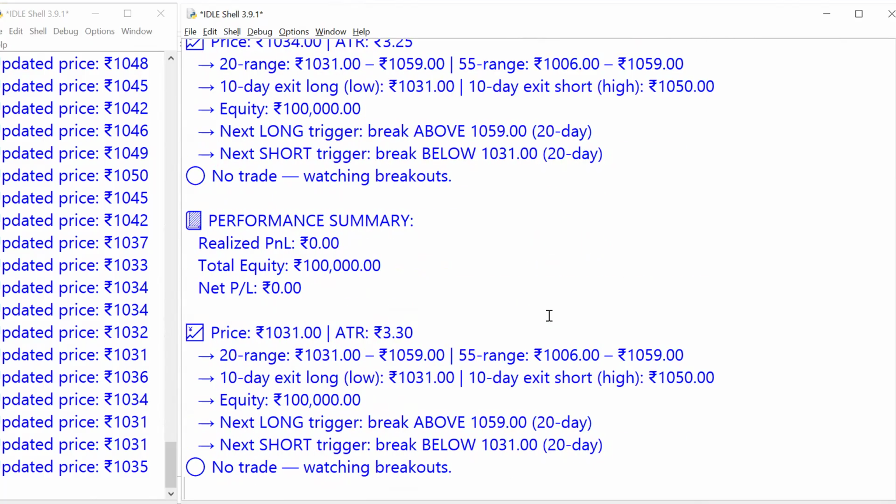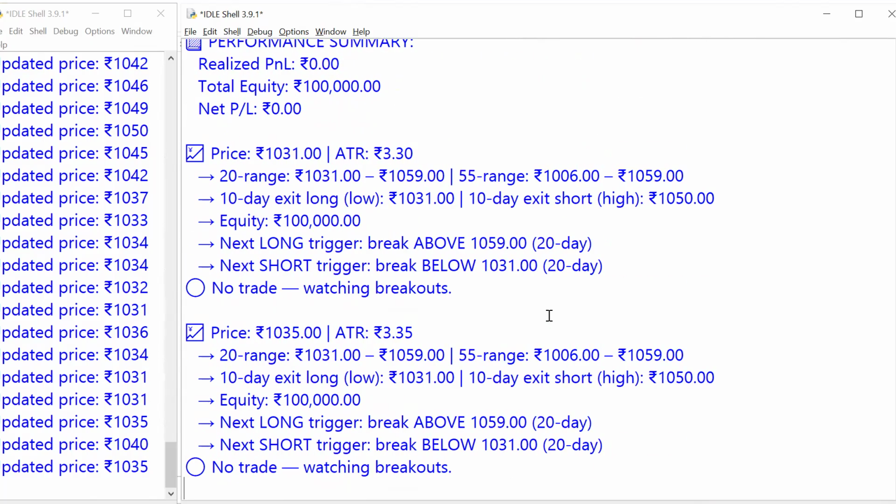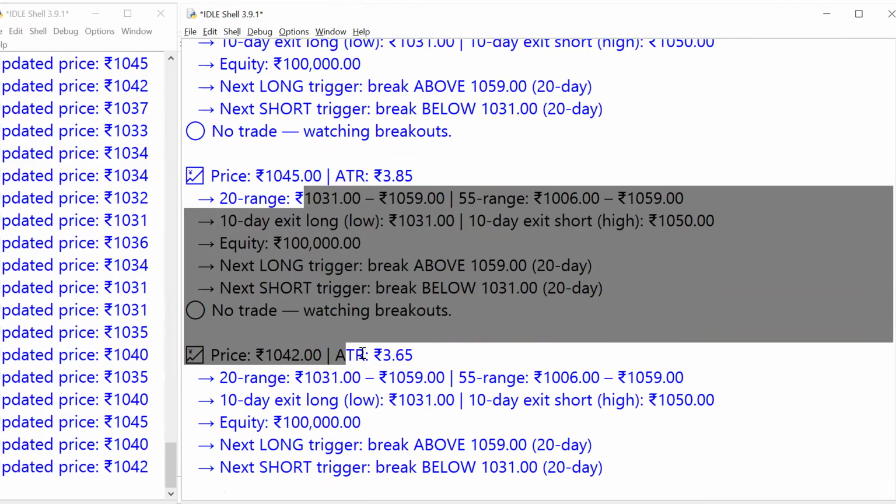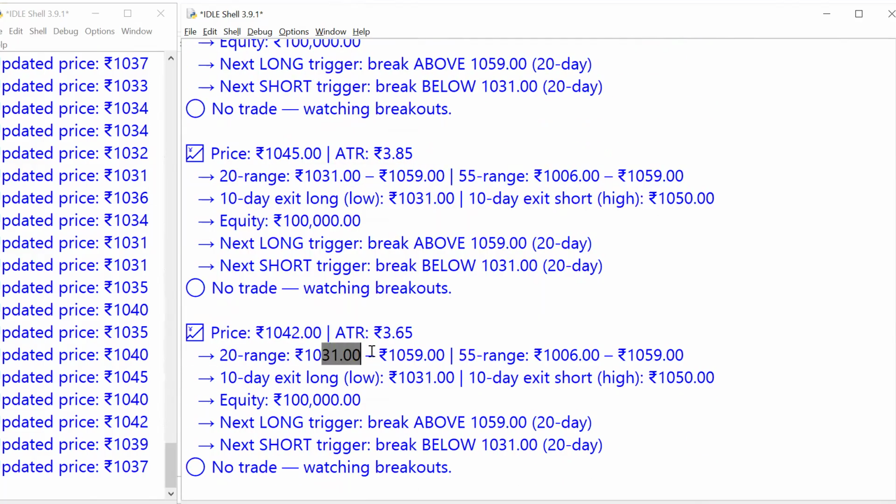Okay, we got the range. You can see it's happening so fast. We got the range for 20 days. We got the range for 55 days. And I kept it so fast, so it's happening so fast. You can see it says no trade because the breakout has not been reached.